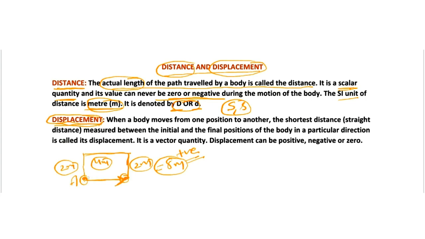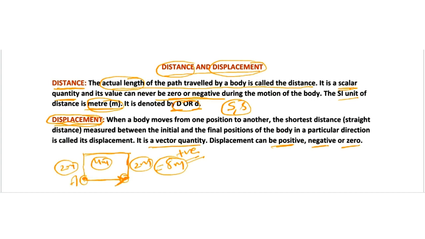Displacement is actually distance with direction, so it includes direction also. So it is a vector quantity. Displacement can be positive, it can be negative, and it can be 0 also.